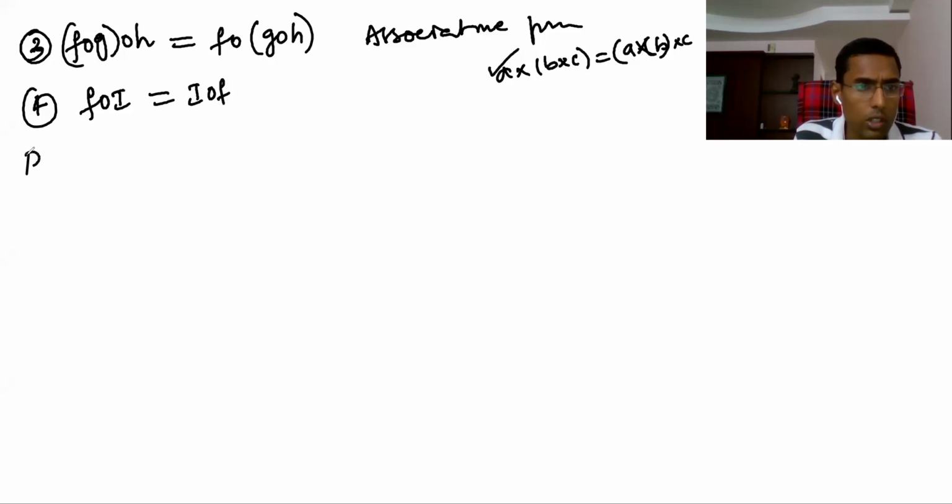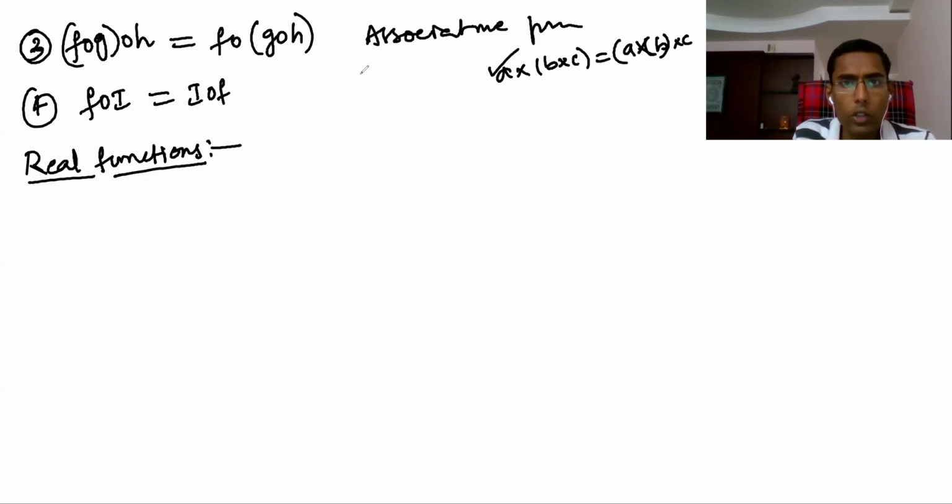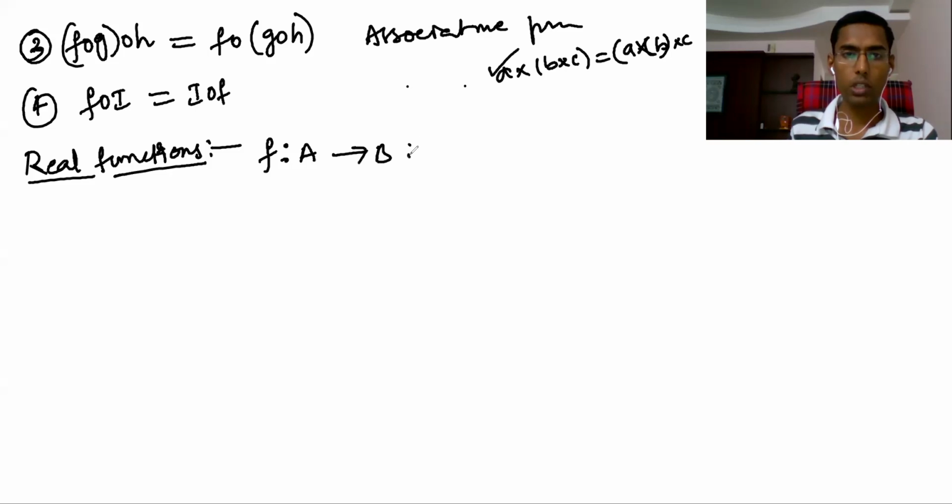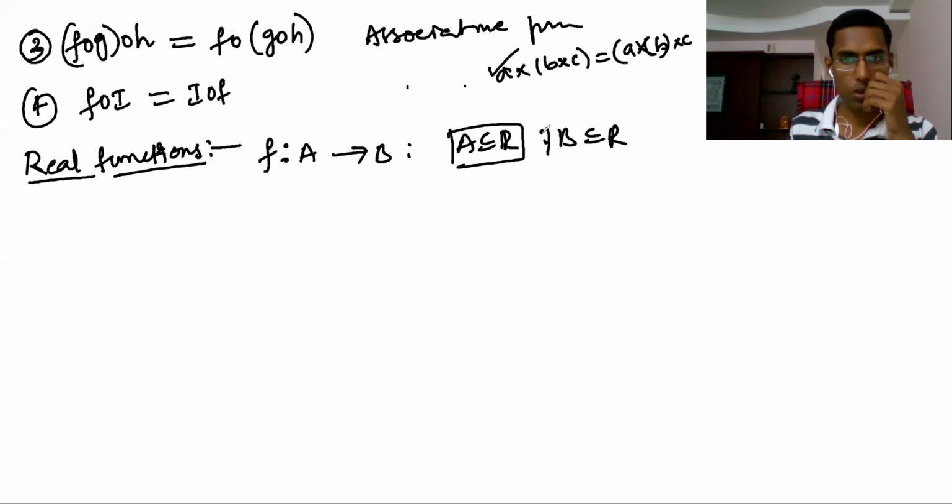Already I told you about these real functions. So what are real functions? Here f maps A to B, where A is a subset of real numbers and B is also a subset of real numbers.